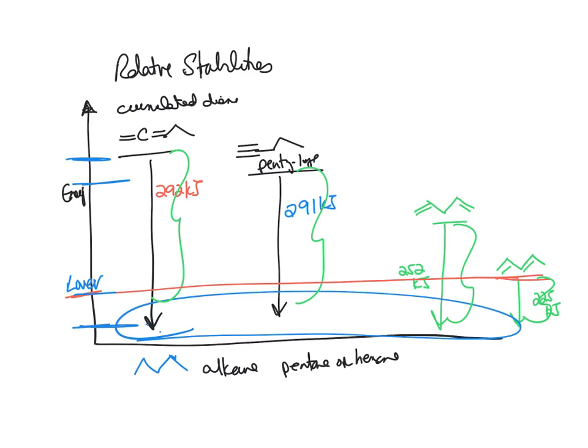Now what's happening in the structure of a conjugated system is, so here we have buta-1,3-diene. The double bond has sp2, this is sp2, sp2, sp2. This has more s character, so 33% s character.